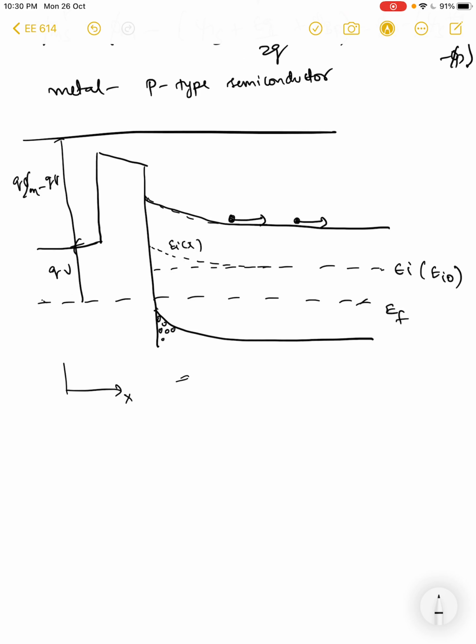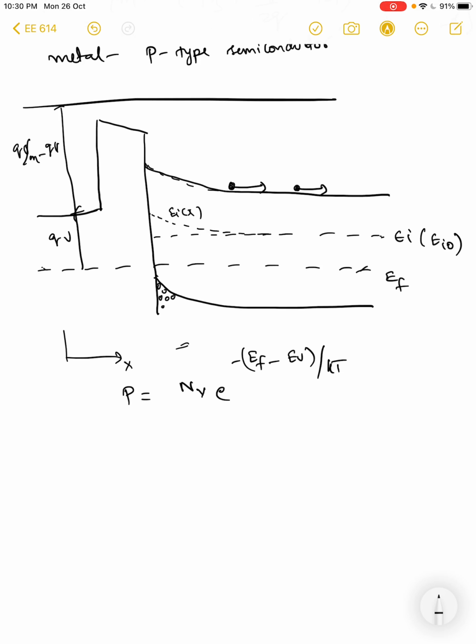So we know certain relations. We know that the density of holes can be written as NV e power minus EF minus EV by KT.